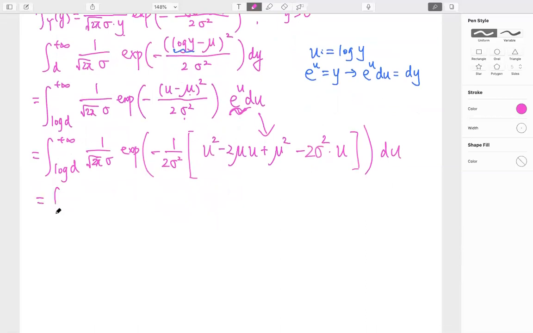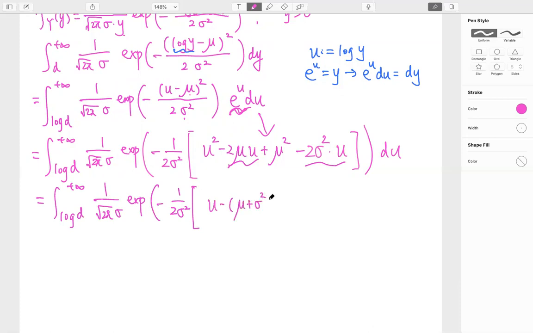The next technique I need is to complete the square. For the first order term, I have mu plus sigma squared. What I want is to get this into a complete square. That is the reason why I bring this term inside the square bracket, because it also has the first order term.